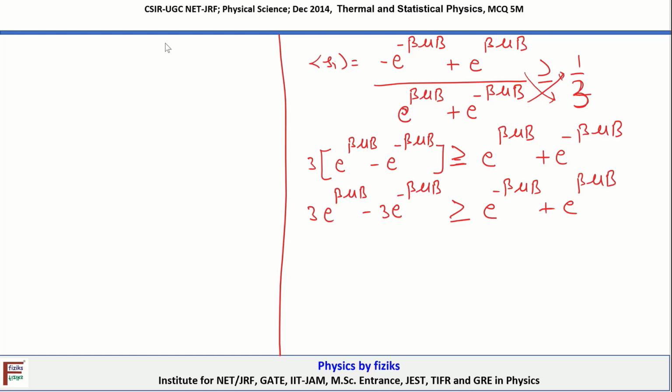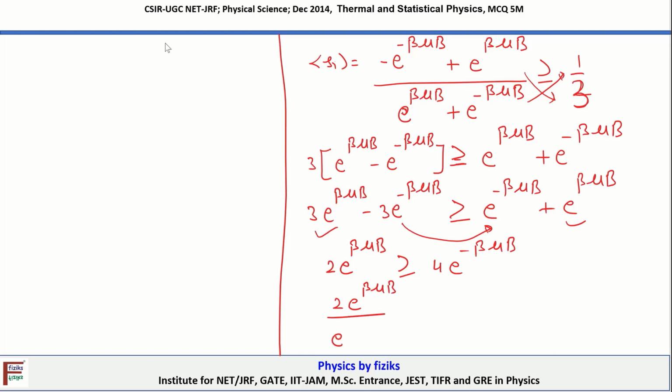Clubbing these terms together on the left hand side, this can be written as 2 exponential beta mu b, greater than or equal to, taking this term to the other side, 4 exponential minus beta mu b. After solving, 2 exponential beta mu b upon exponential minus beta mu b is greater than or equal to 4.